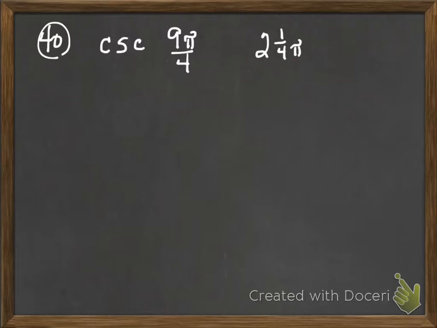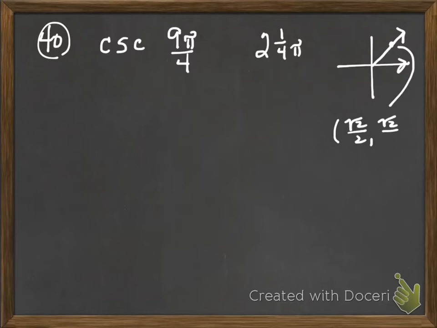I would think unit circle here, and 2 pi would be all the way around, and then I have to go 1/4 pi, so that would put me right here at this point. That would put me at a 45, and that point would have an ordered pair of square root of 2 over 2, comma square root of 2 over 2.